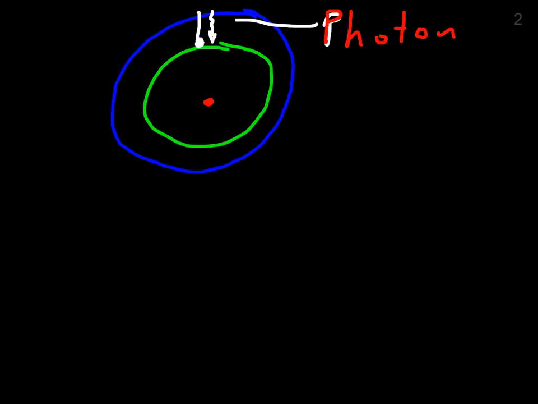Okay, so here's what I do. I would observe a color of light. Let's say that photon of light had a color of blue to it, some blue light coming off of this.